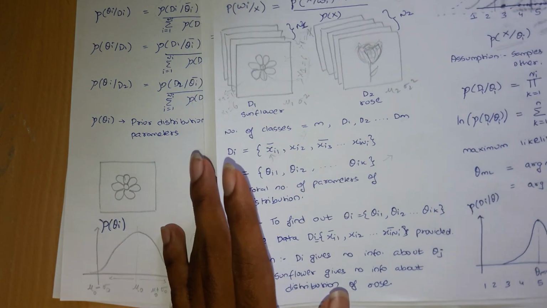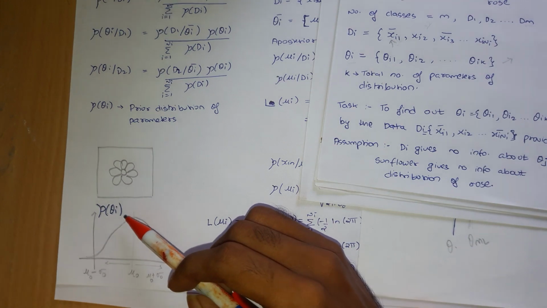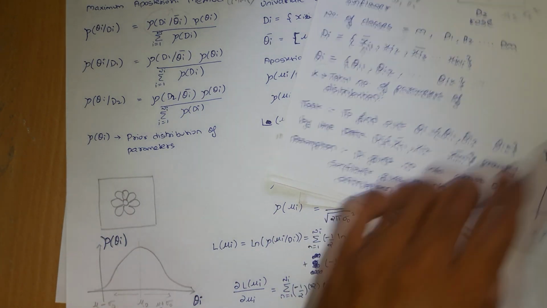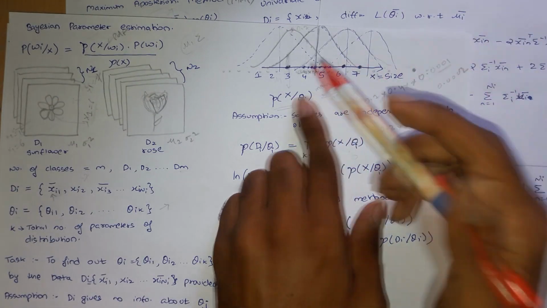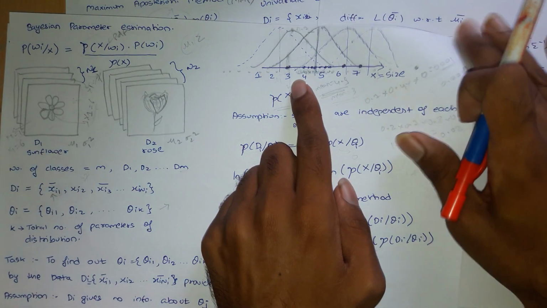Please note that this distribution that I have plotted over here is not from the data. This is not like the case where I had data samples and I am estimating a distribution from them.